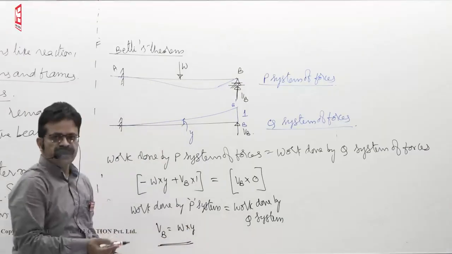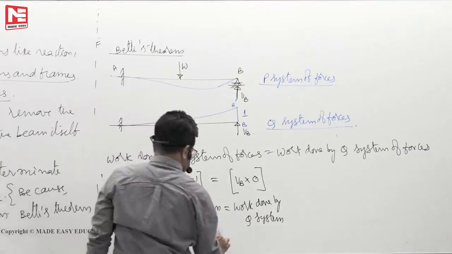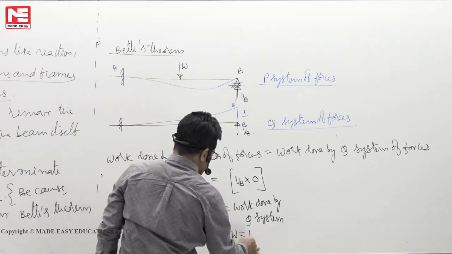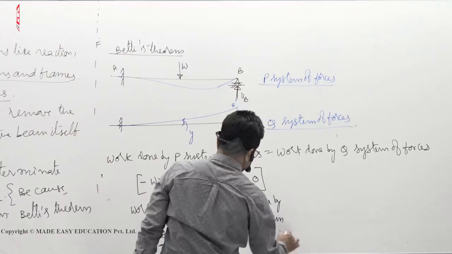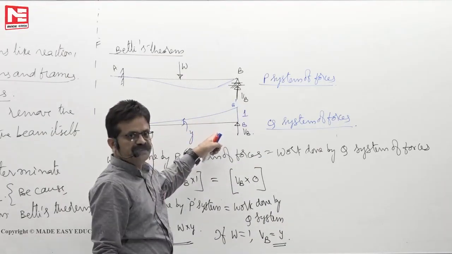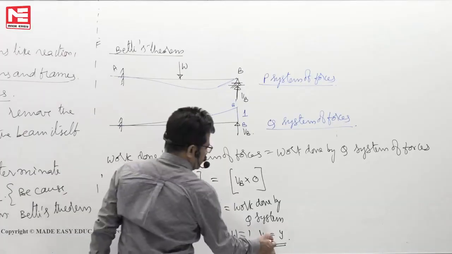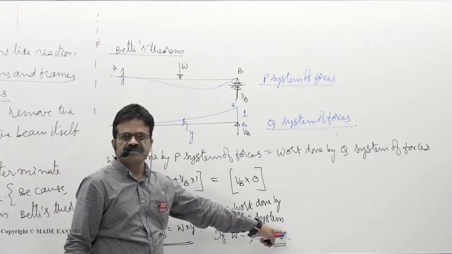If W becomes 1, then this becomes the influence line diagram. If W is equal to 1, VB is equal to Y. Wherever W is there, the corresponding displacement will give you the VB. So VB is now nothing but the deflection.